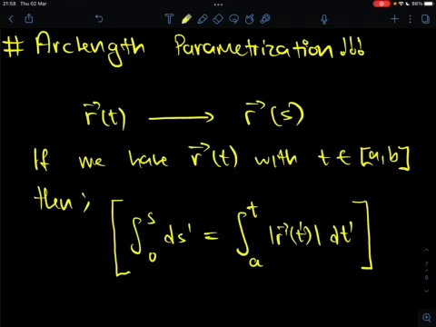You see that? So every time T changes instantaneously, this updates the distance that has been traveled. So in order for us to perform an arc length parametrization, it would be good to invoke this definition. The integral from 0 to s of ds prime is the same as the integral from a to t of the magnitude of r prime of t prime dt prime. You see. So these are some things that we have to know.